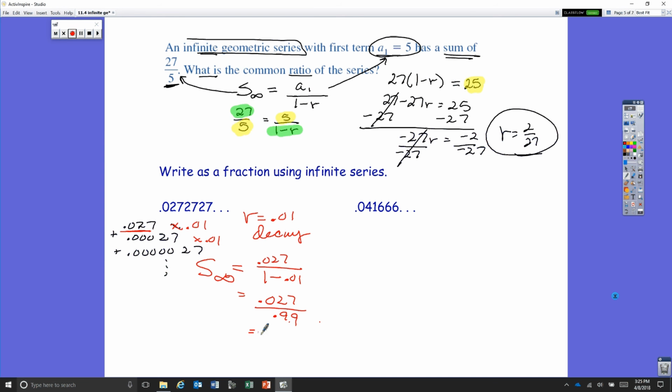So that is 27 over 990. 9 goes into both. That would be 3 over 110. And if you punch 3 divided by 110 in your calculator, you should get 0.027272727. And this is the exact work I'm going to need to see to show me how the infinite series is working here.